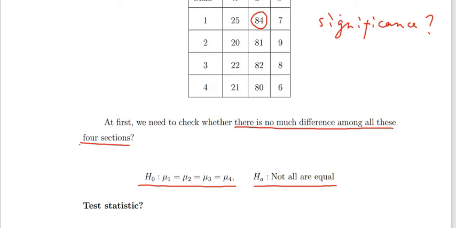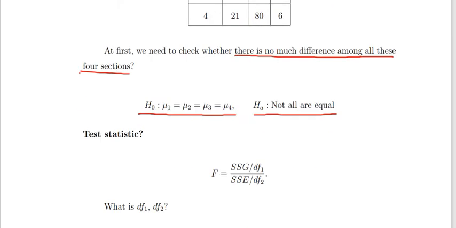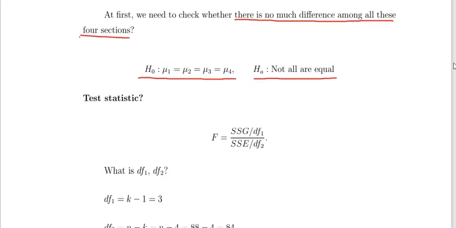For such testing, we need to find a cut point, which we call the test statistic. Suppose this is 0. We want to find the test statistic, then check whether this number is big or small.